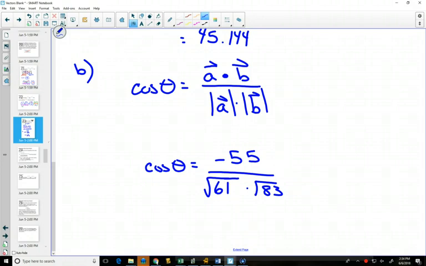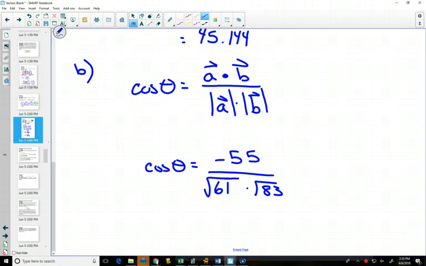Okay? And at this point, we could do cos inverse of that fraction. Now notice that cos is negative. What does that tell us? It's in quadrant 2 and 3, but we're finding an angle between two vectors, so it's either going to be obtuse or acute.